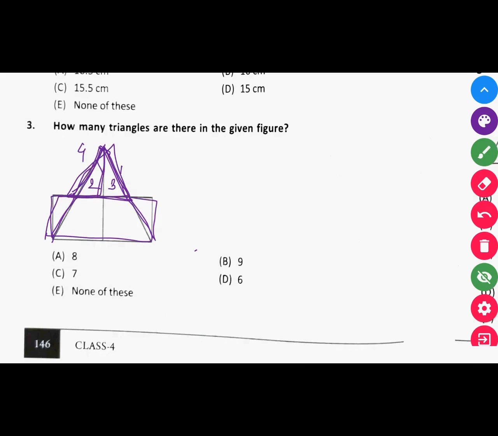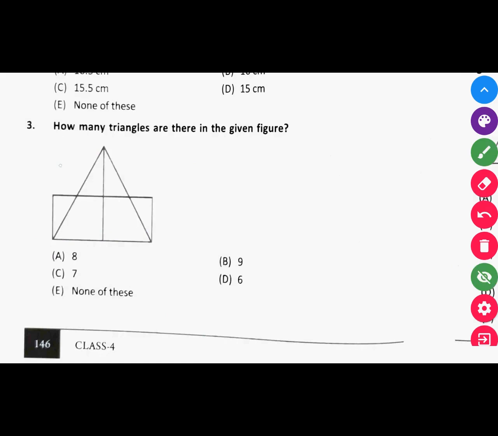Is there any more? Which one? 7 and 8. So there are total 8 triangles in the given figure.